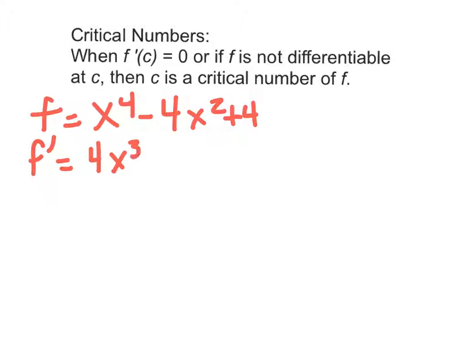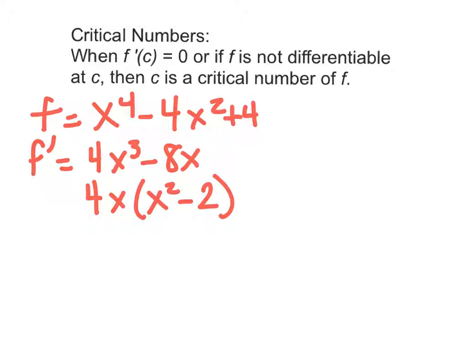We get 4x cubed minus 8x. If we then factored this derivative, it leaves us with this product.